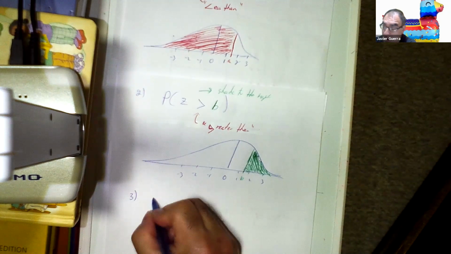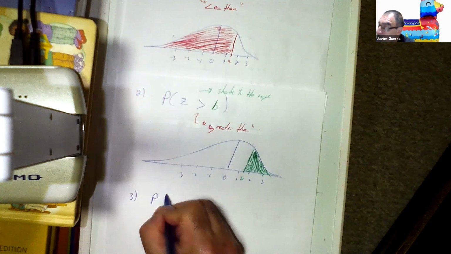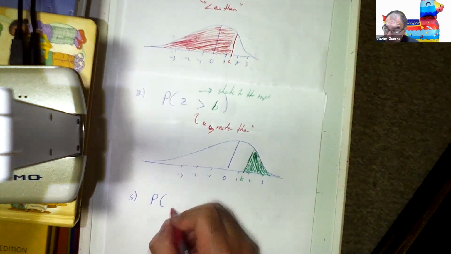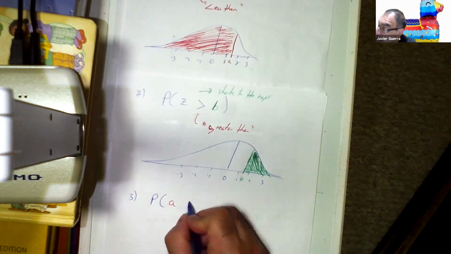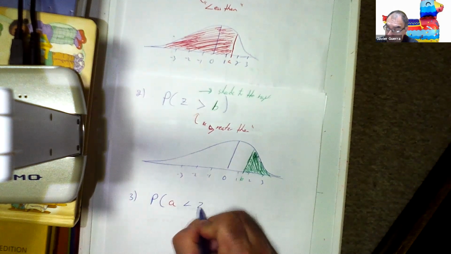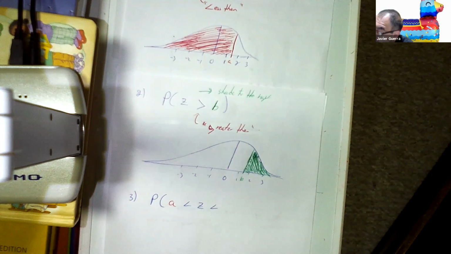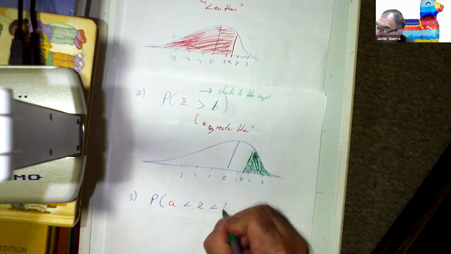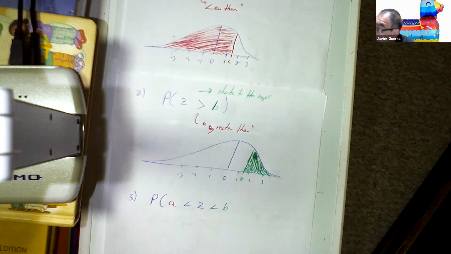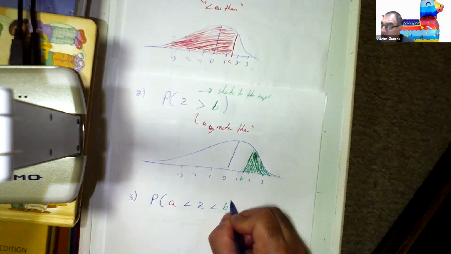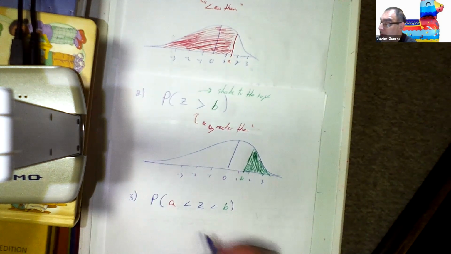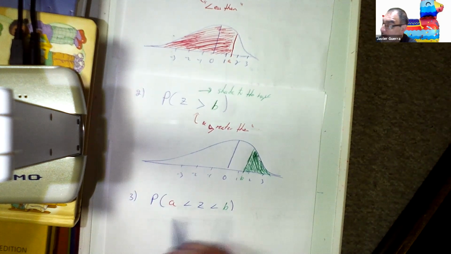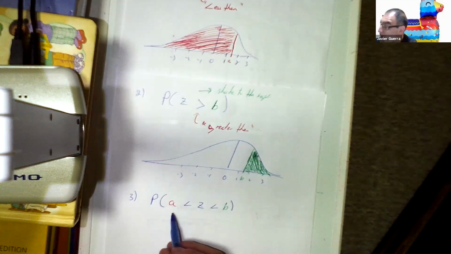It goes probability A less than Z less than B. This one's written weird, right? You're like, well, it's A less than Z less than B, huh?